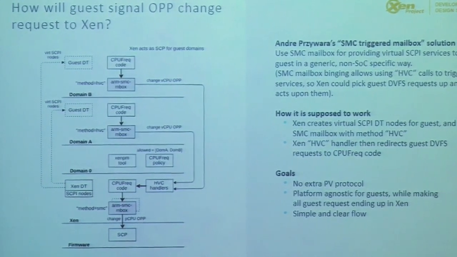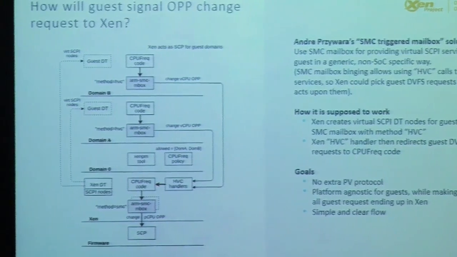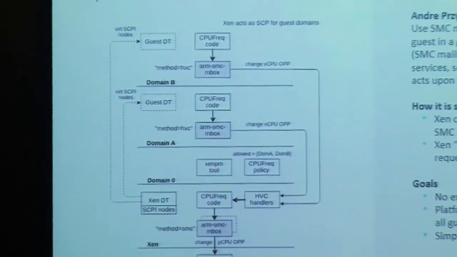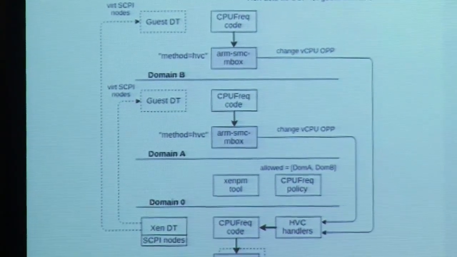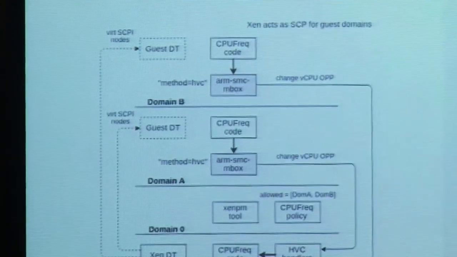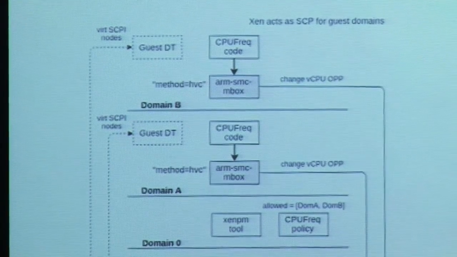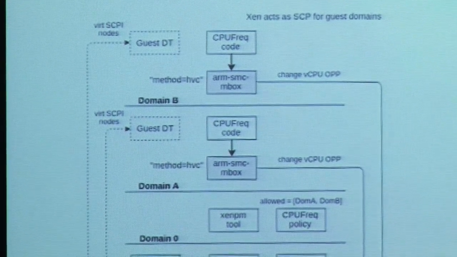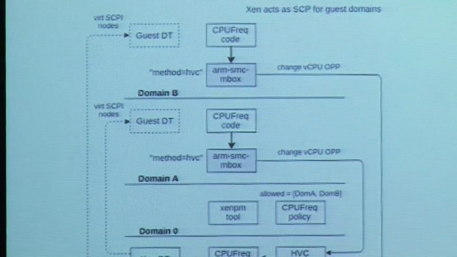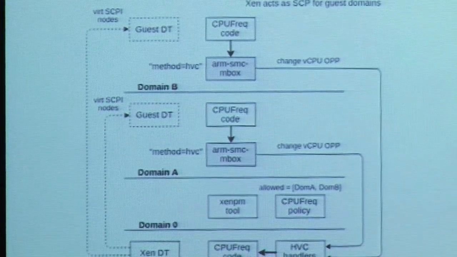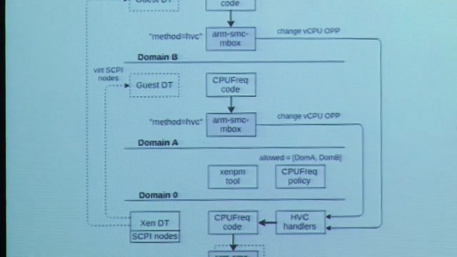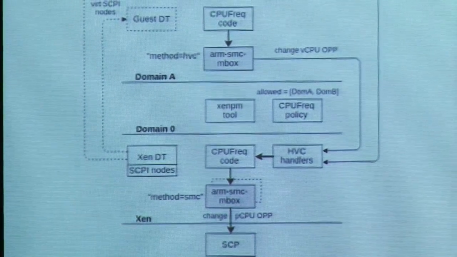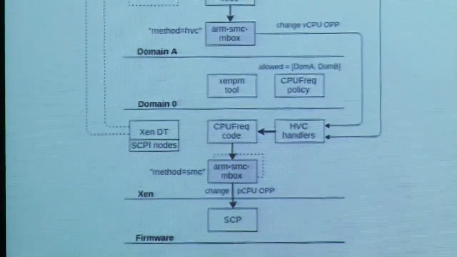So, an SMC triggered mailbox solution: use the SMC mailbox for providing virtual ACPI or SCMI services to guests. The mailbox building allows using HVC for triggering the services, and Xen could pick this request up and act upon them. So how is it supposed to work?